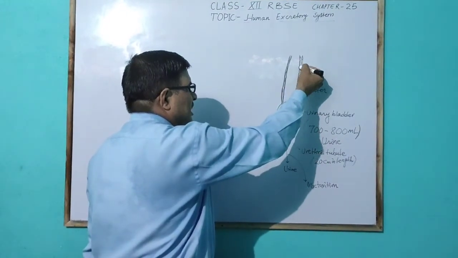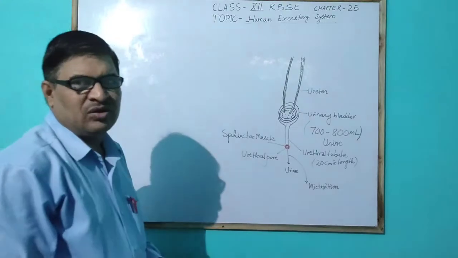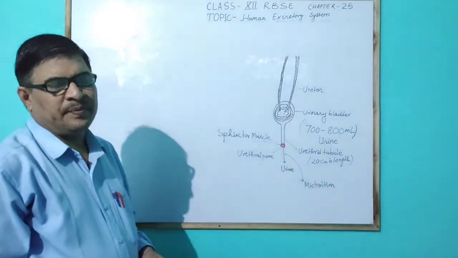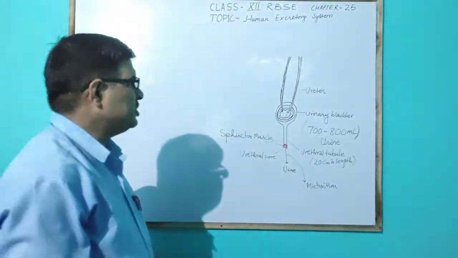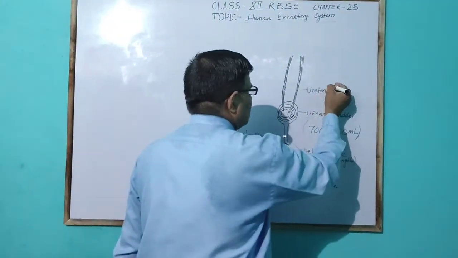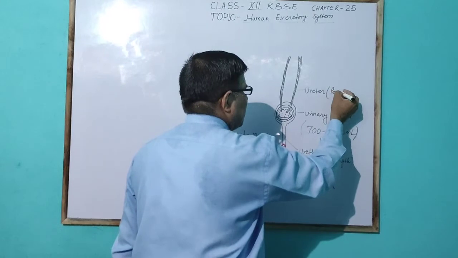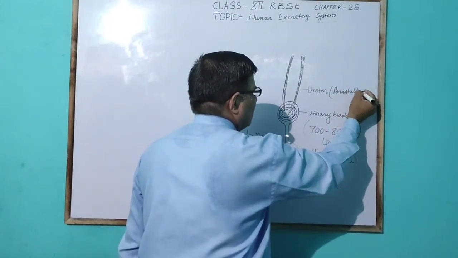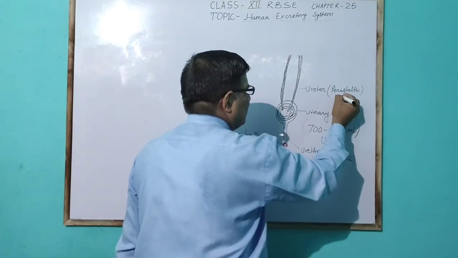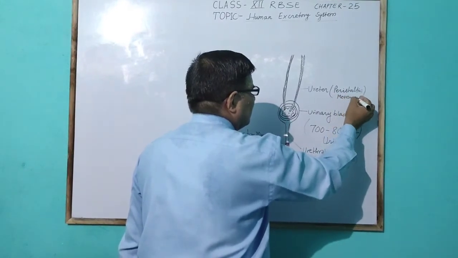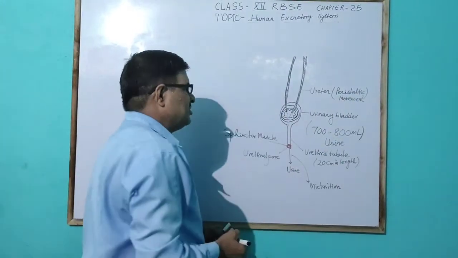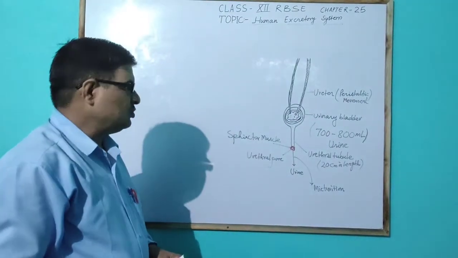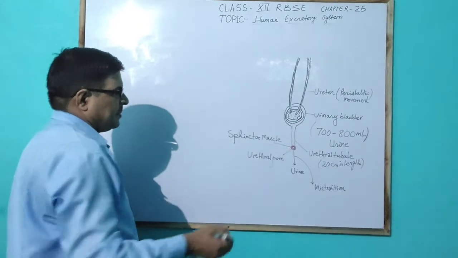So a type of peristaltic movement occurs in the ureter. The ureter shows peristaltic movement. Such movement passes the urine from the collecting duct into the urinary bladder.